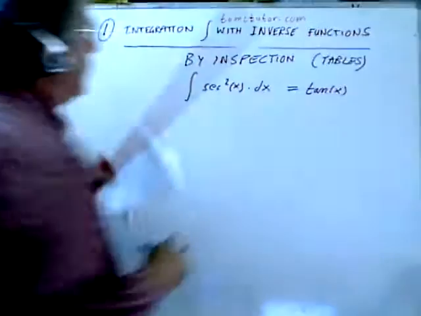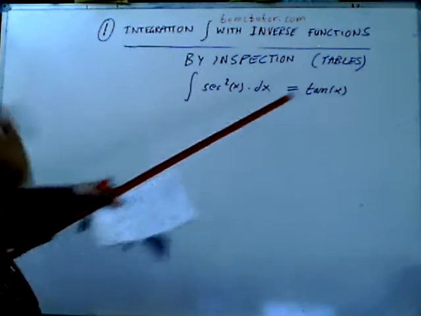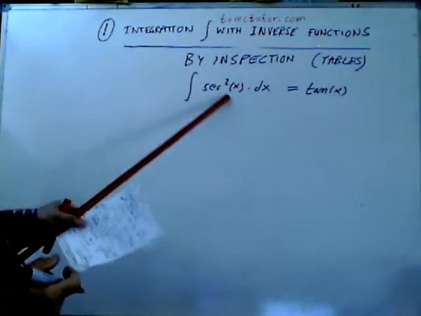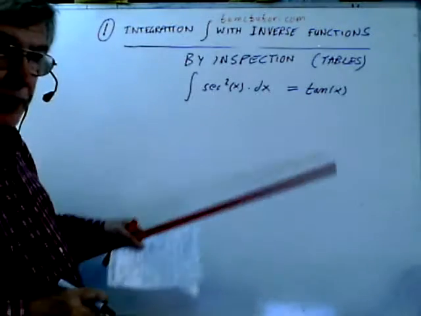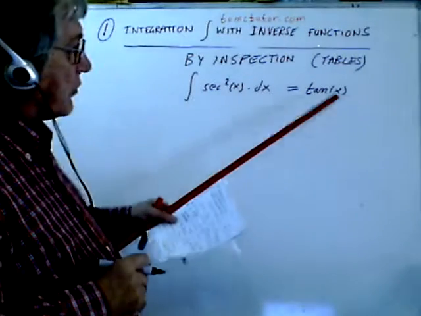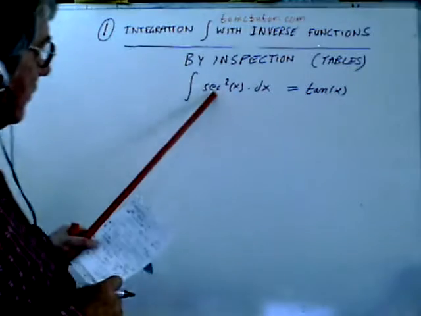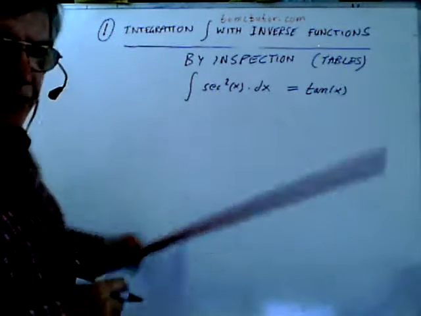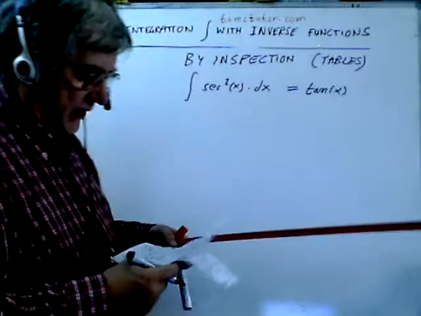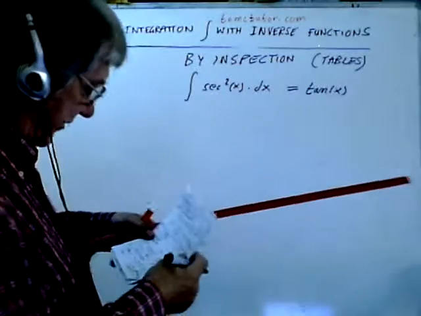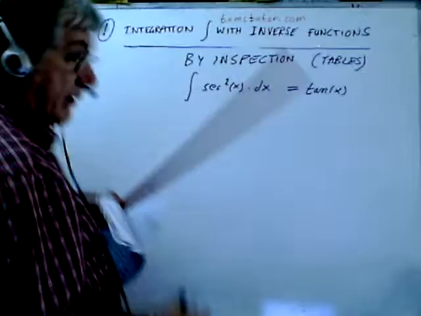Just remember that. We can check that because if we differentiate, we should get the sec squared function. That'll be an exercise for yourself to practice to see if that is the case.